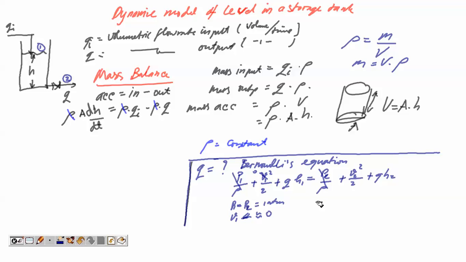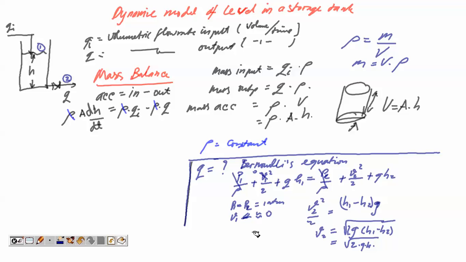From this equation we get V2 squared over 2 is (H1 minus H2) times g, or V is the square root of 2g(H1 minus H2). H1 minus H2 is H, the height of the level, so V2 is the square root of 2gH.